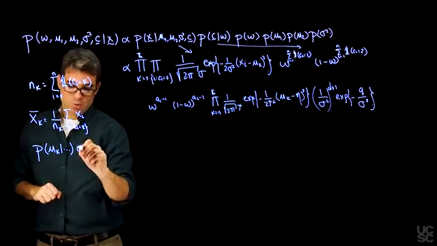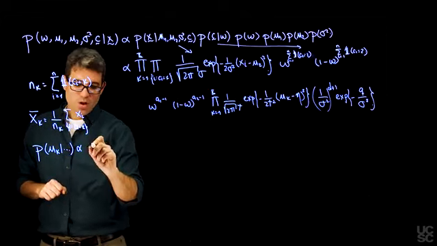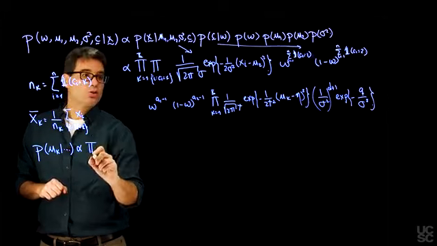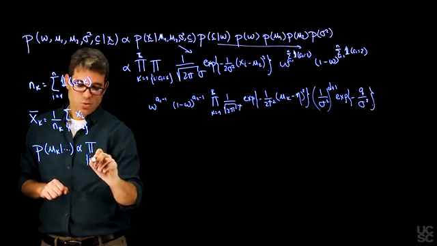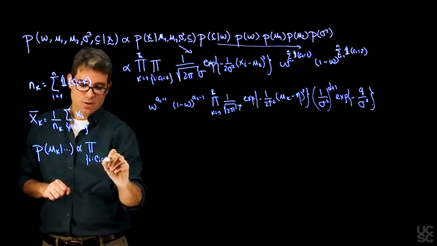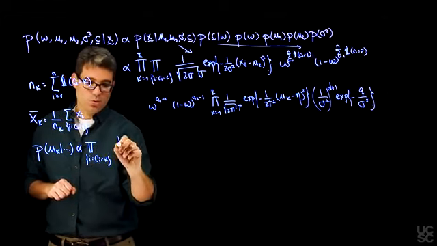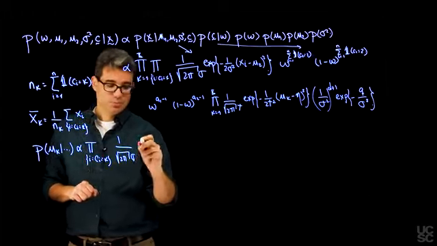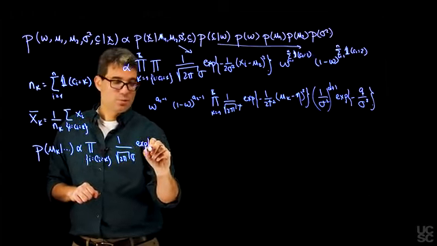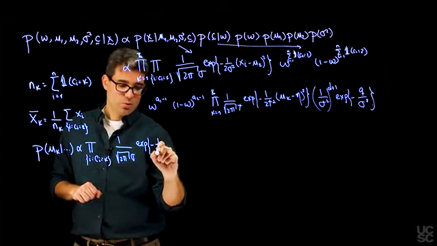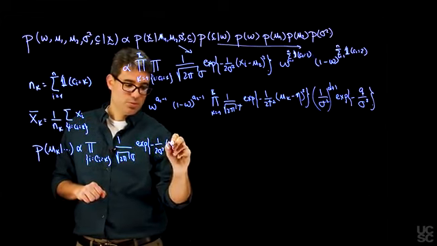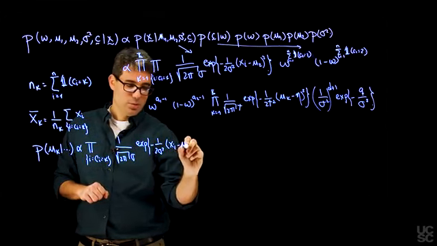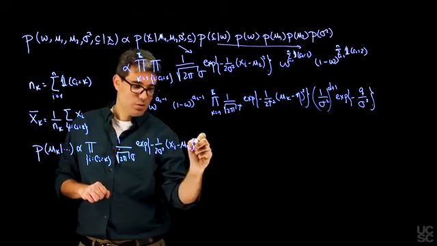So this is going to be proportional to, first of all, this product over the i's such that c sub i is equal to k of 1 over square root 2 pi sigma exp minus 1 over 2 sigma square x i minus mu sub k squared.